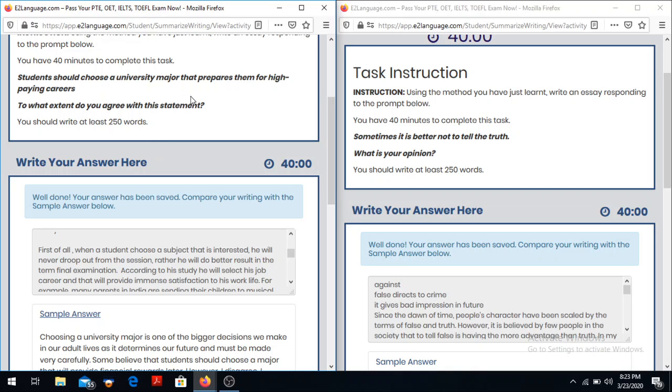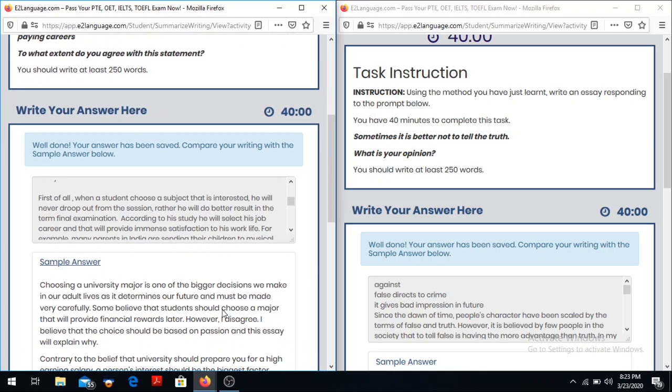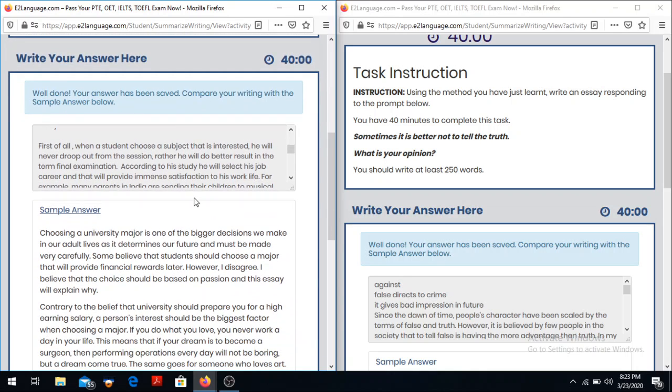It's not like that. It is the passion, your intention, or your good feelings that determine what type of subject you should choose in university. So that's the basic theme of this essay. So here is the introduction.